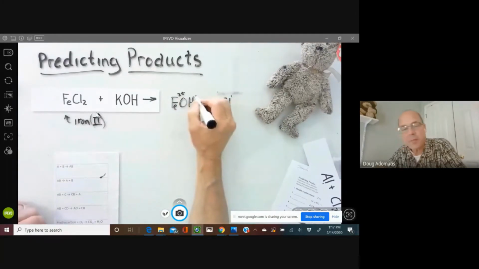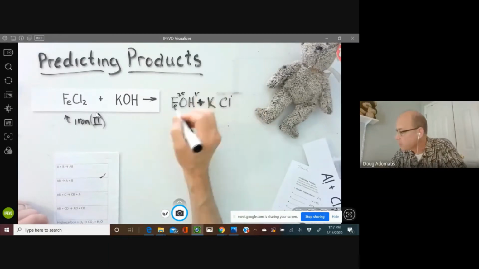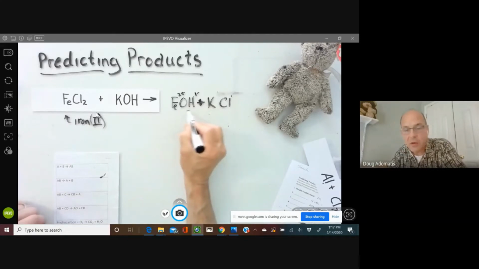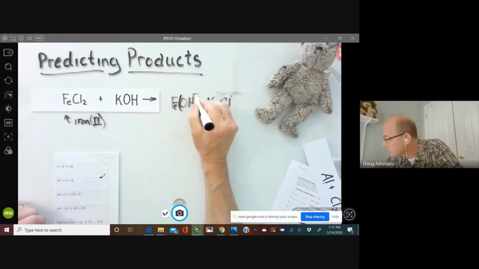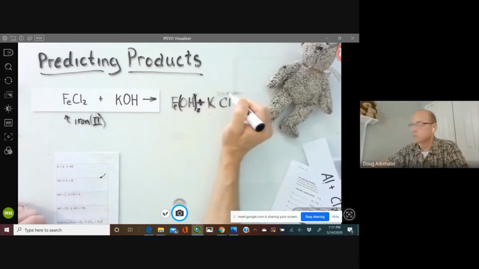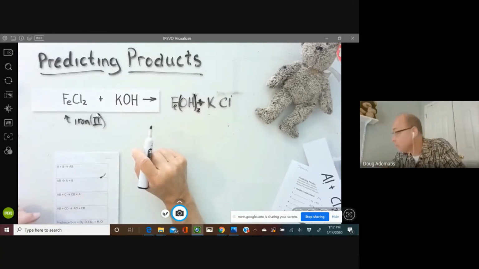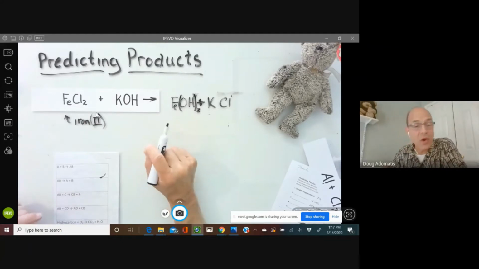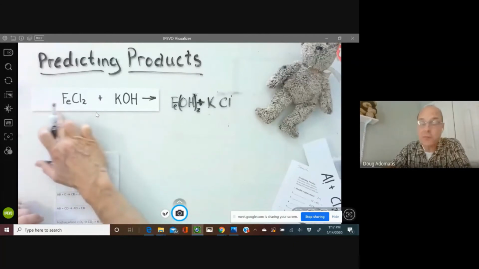You would look up on your polyatomic list and you would know that hydroxide has a 1 minus oxidation number. So then you would know that in order to form this compound correctly, it would actually be Fe(OH)2. Now that was a lot going on there because we were talking about polyatomics and special ions, but this is where it all comes together.